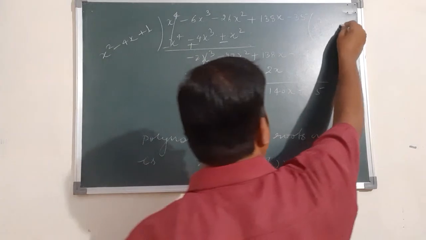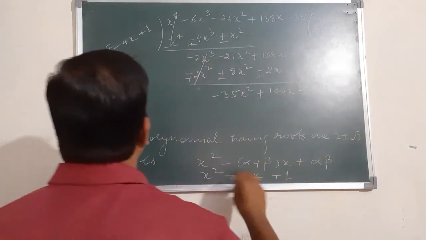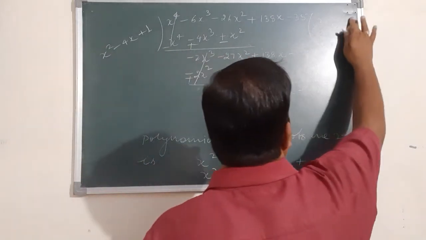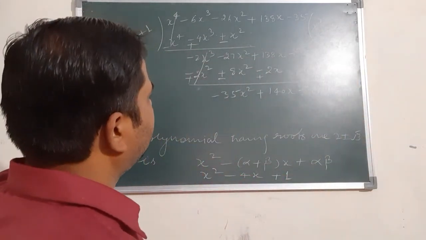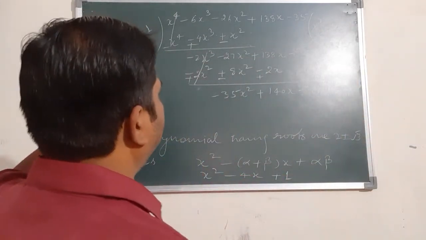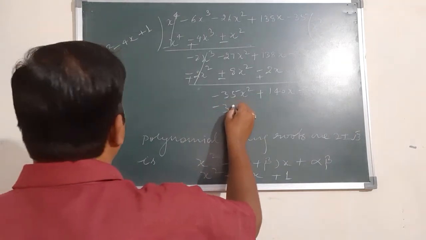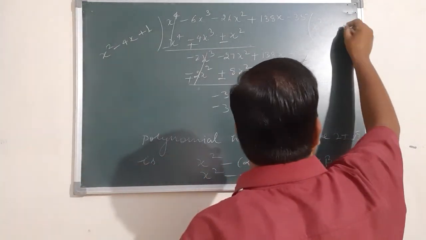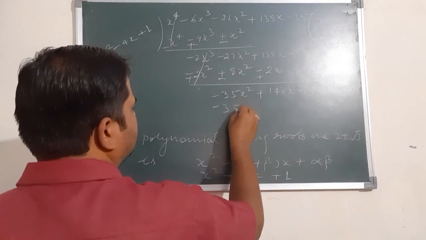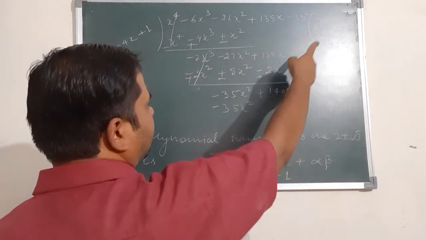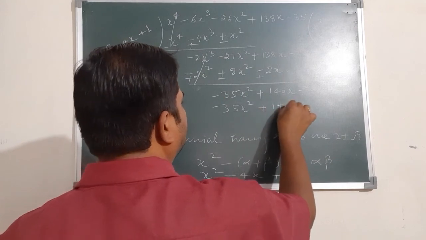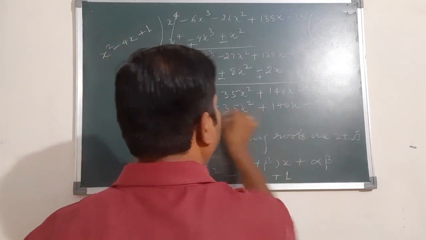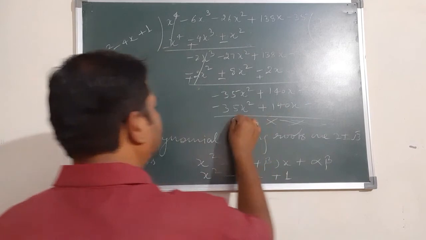So if we multiply here by minus 35, then this is minus 35x square plus 140x minus 35, and this whole thing cancels out.